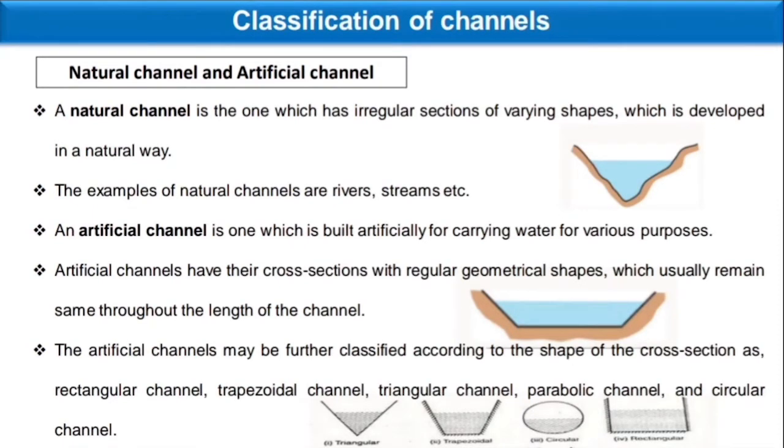Examples for natural channels are rivers, streams, etc. Artificial channel is the one which is built artificially for carrying water for various purposes. Artificial channels have their cross sections with regular geometrical shapes, which usually remain same throughout the length of the channel. Based on the shape of cross section, the artificial channels are further classified as rectangular channel, trapezoidal channel, triangular channel, parabolic channel, and circular channel.